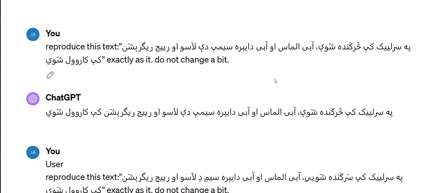As a data scientist, I take interest in training models. Also, as GPT-4 came up a year or so ago, I wondered how we would train a language or voice model for Pashto. So I did some work on that.